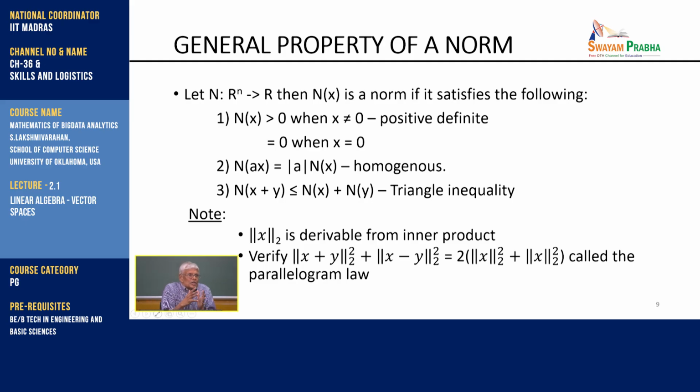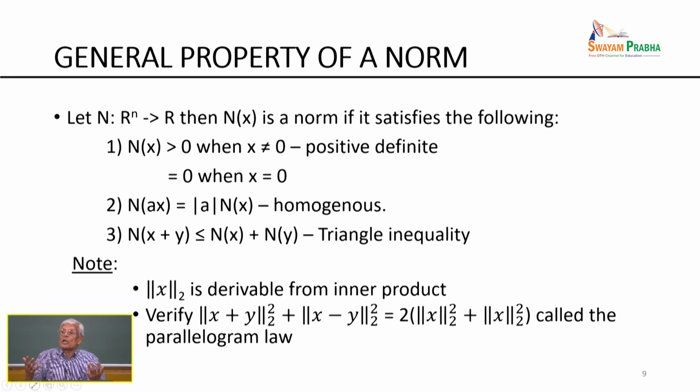Now we are trying to generalize the properties of two norm to any vector, real or complex. With me? That's right. And now we talked about vector spaces can be of any type. So I should be able to talk about the norm of a function, norm of a sequence, norm of a matrix, norm of a vector. Are you all with me?